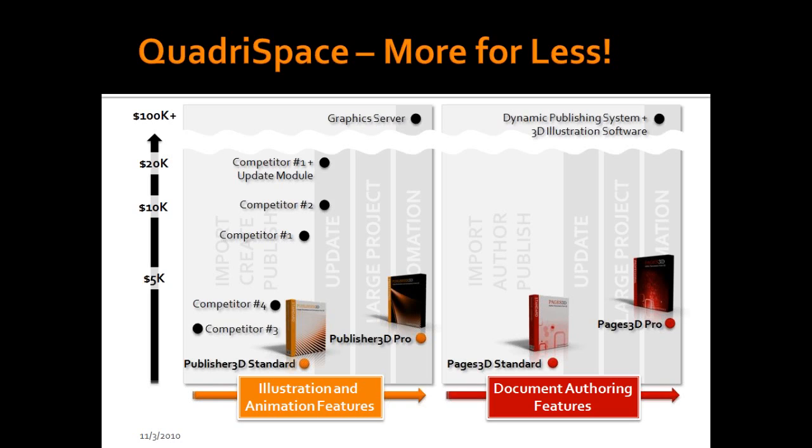On the Pages 3D side, we're pretty unique, so it's hard to find direct competition that combines the 3D with the page design together. Something that's attempting to get closer is those very expensive dynamic publishing solutions that merge the text, but in that case it's more of a process instead of an authoring tool. And we talked about how Publisher 3D matches up with some of the competitors in the previous seminar.